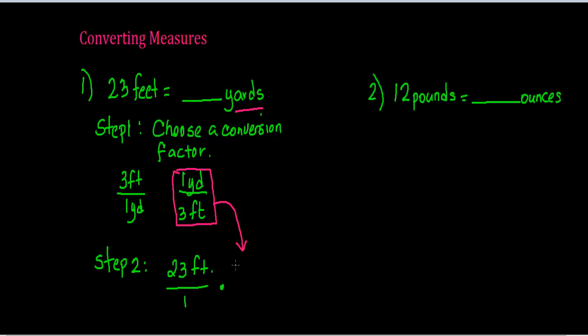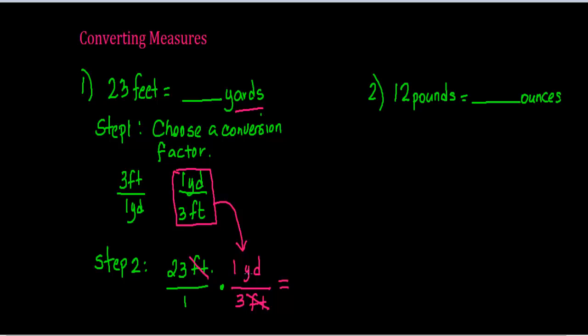So here's what that looks like. I write 1 yard over 3 feet. And watch what happens. Since I have feet in the numerator and feet in the denominator, I can cross cancel feet, and that unit is gone. The only unit left in this whole expression is yards, which is what I want to end up with.